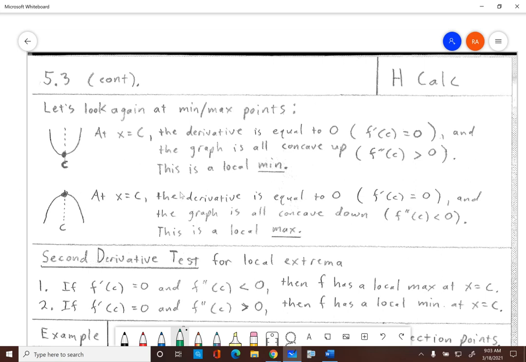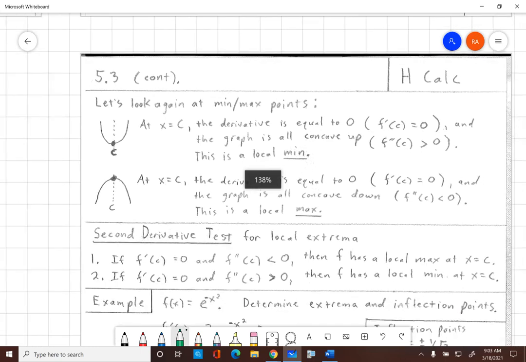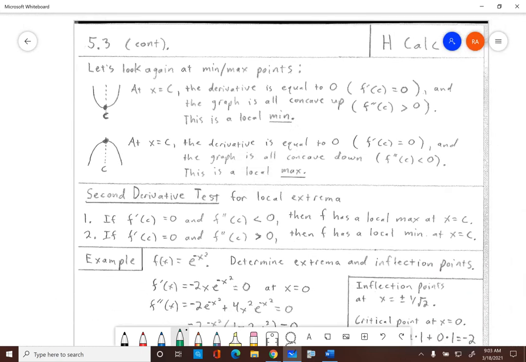So at that specific point, the derivative is equal to 0 because it's a critical point, and the graph is all concave down, second derivative negative. So that makes that point a local max. So instead of doing a sign chart and checking to the left and to the right, another way to test for mins and maxes is to do the second derivative test.